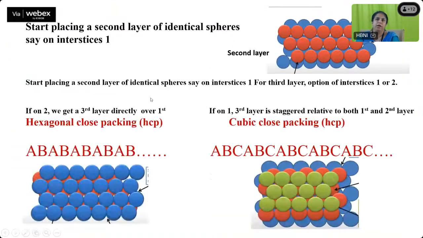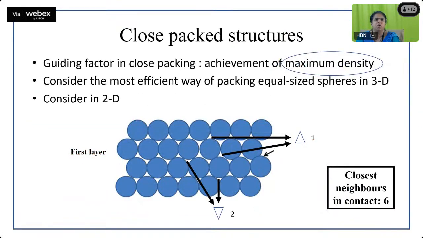I don't know if you can really imagine it or not. We said in one particular layer, let's assume this is a second layer. Okay. So it has 6 neighbors in the same layer. Then, because you are filling only one kind of interstices, there will be 3 neighbors in the layer above this.